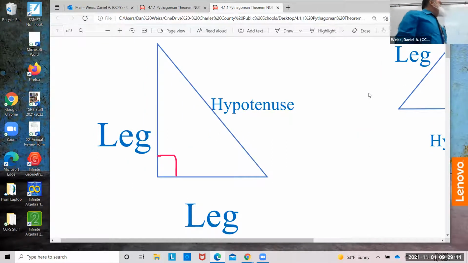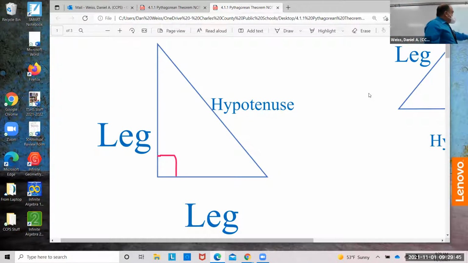In a right triangle, this is only in a right triangle, the two sides that make up the right angle are called the legs. This is a leg, and that's a leg. Directly across from the right angle is called the hypotenuse.